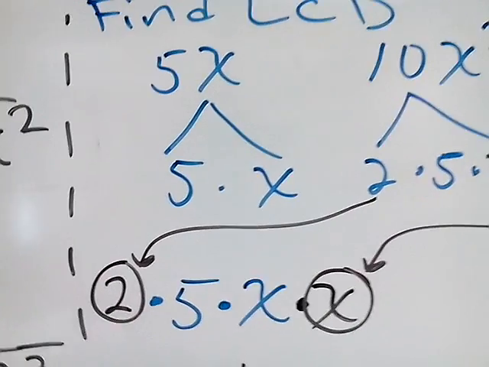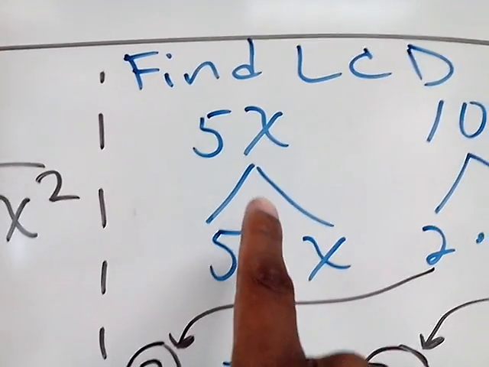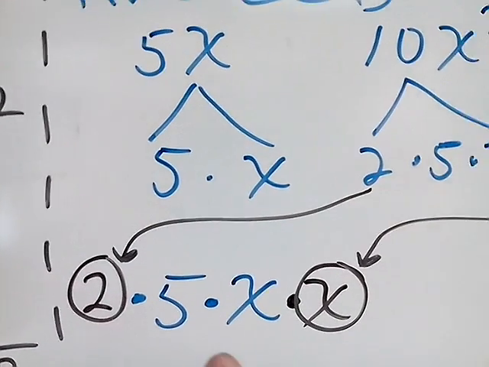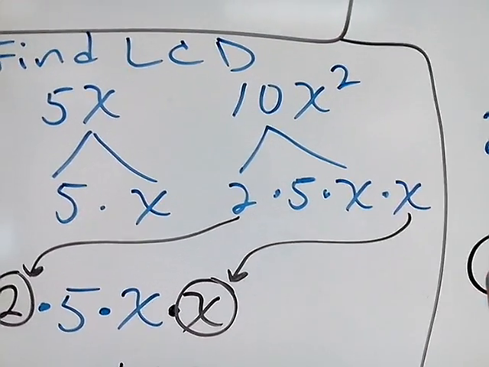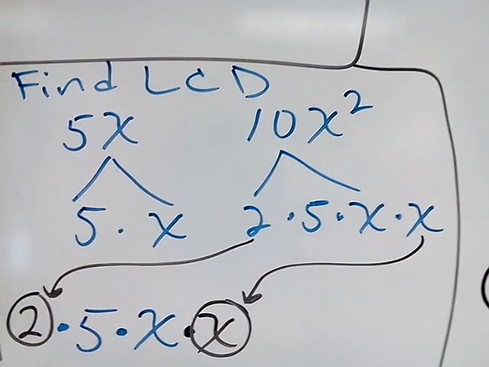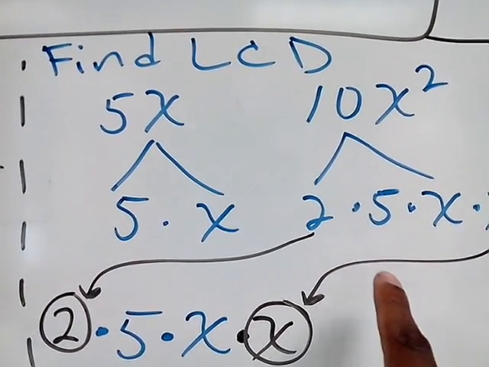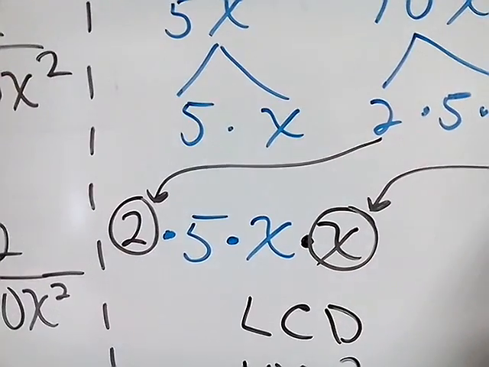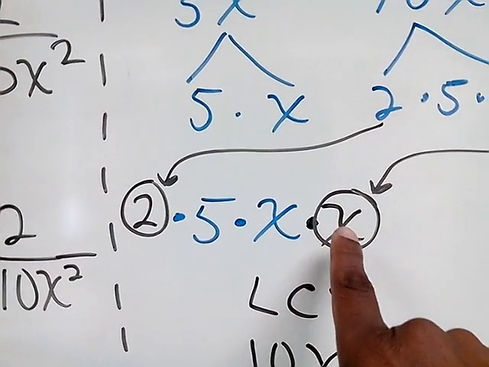In our first denominator, 5x, we look at what's missing compared to the 10x squared denominator. What was missing was the factor of 2, and also another factor of x.